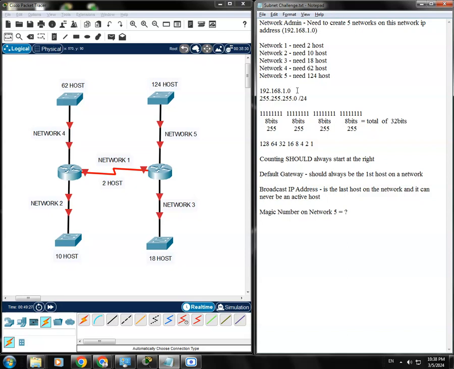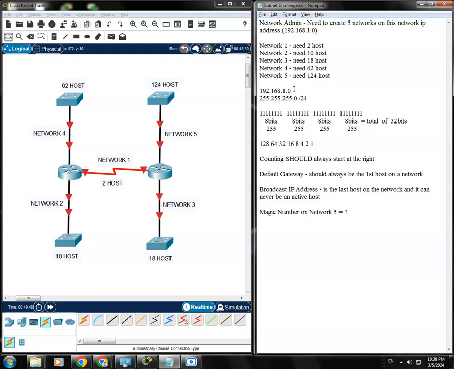It's a classful IP address, and the subnet mask of this IP address is 255.255.255.0, slash 24. I can tell that it is classful with a class C subnet mask because it's a slash 24.